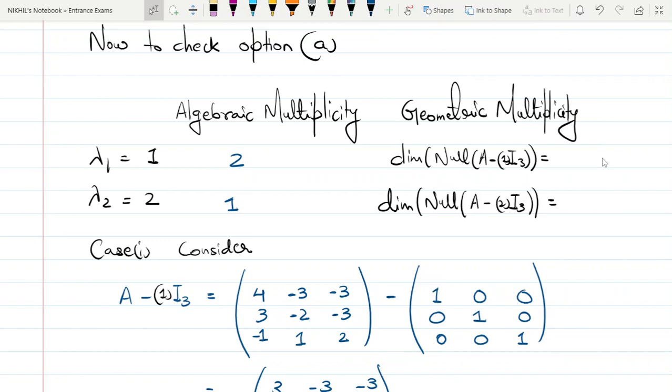By definition, we say a matrix A is diagonalizable if you can find a basis consisting of eigenvectors for the matrix.